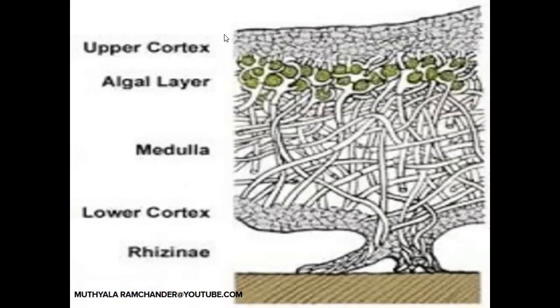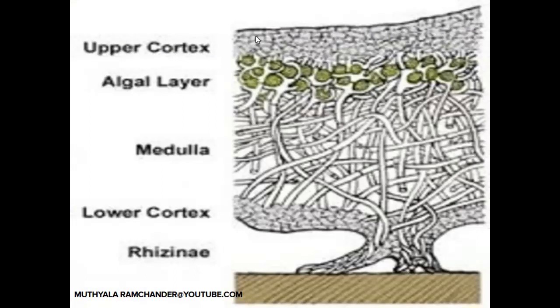The upper cortex is also called the upper epidermis of lichens. Here algae and fungi are compactly arranged, maintaining a cover-like structure on the surface of the lichen. This portion is called the upper cortex.